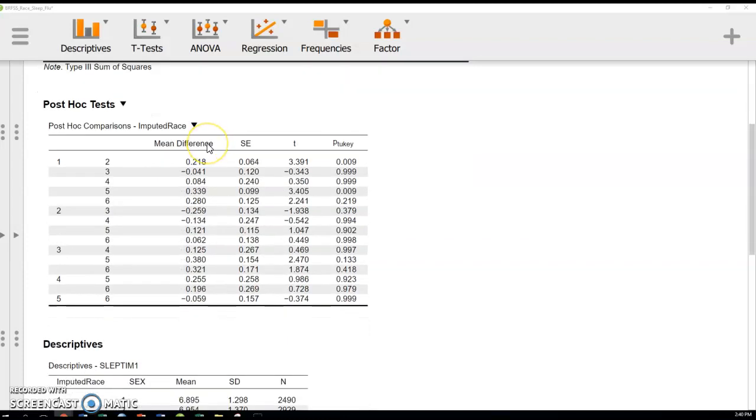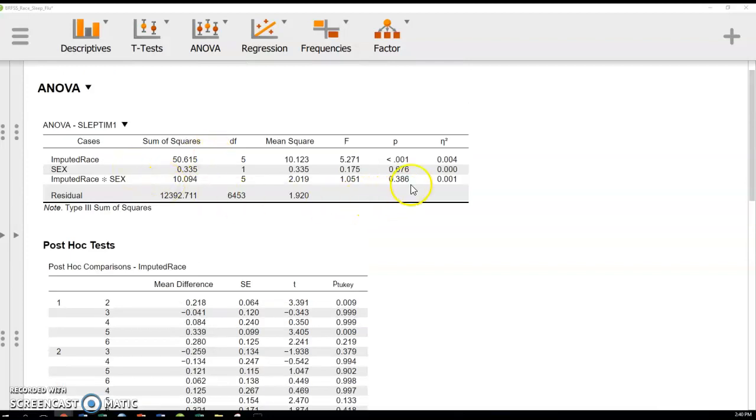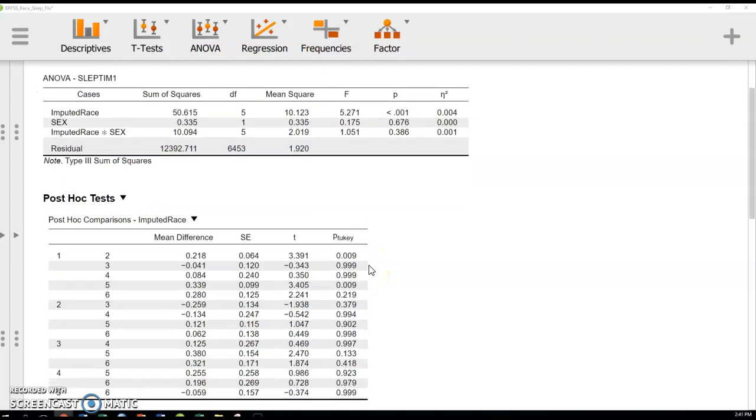So the post hocs are going to look at the main effects. Again, if you had a significant interaction effect, you wouldn't do post hocs, or at least it gets a little trickier for your main effects. However, for this, I want you to go ahead and do it anyway.